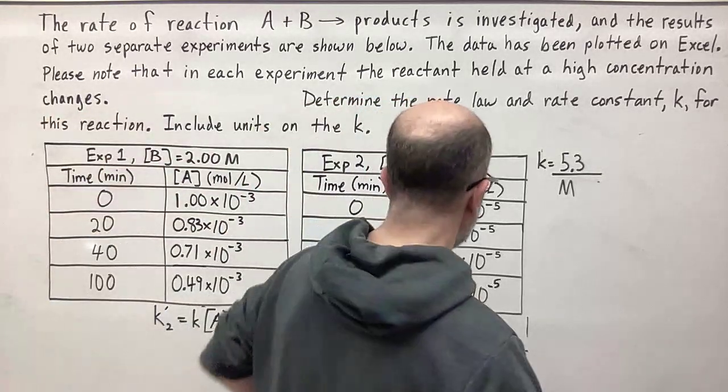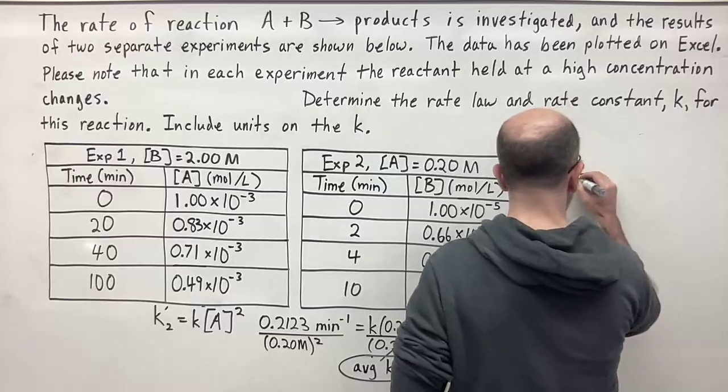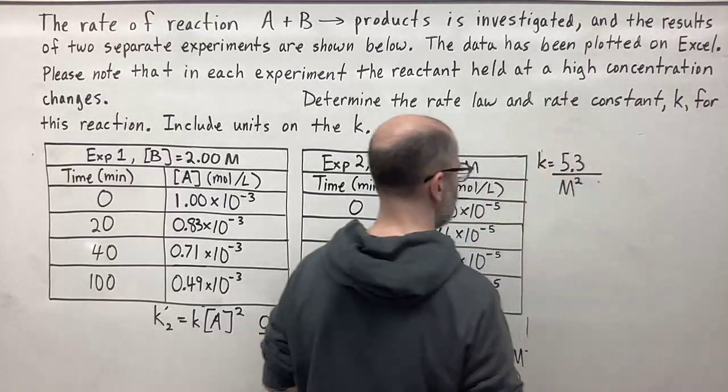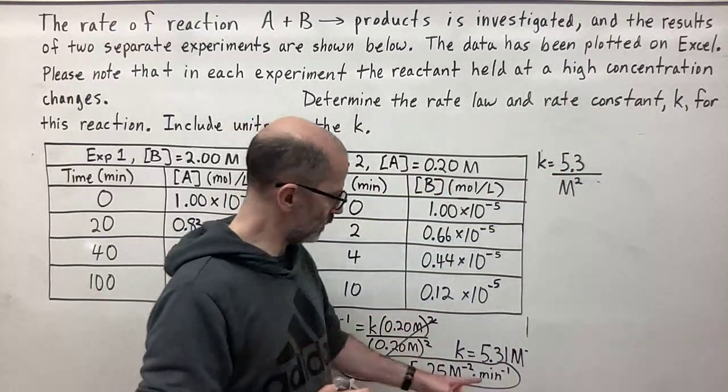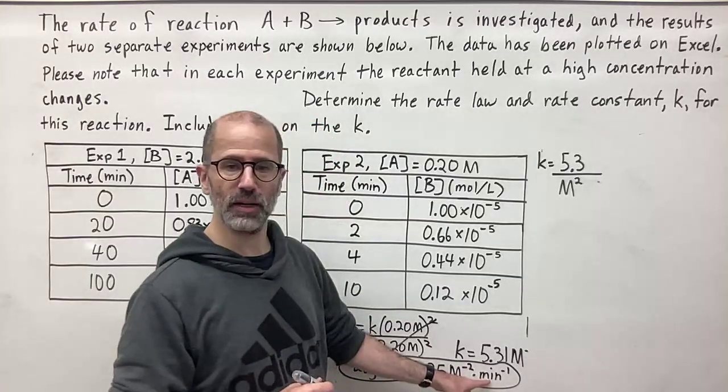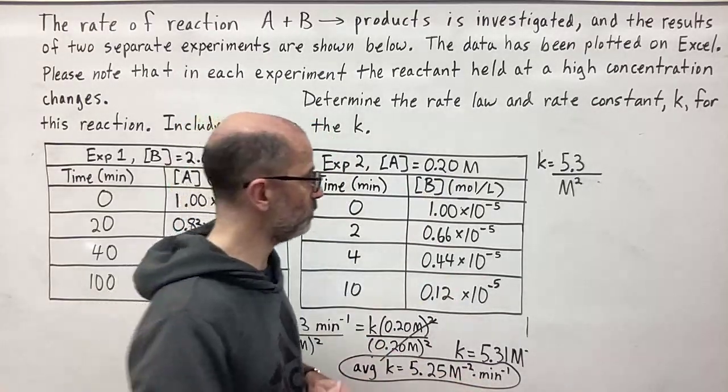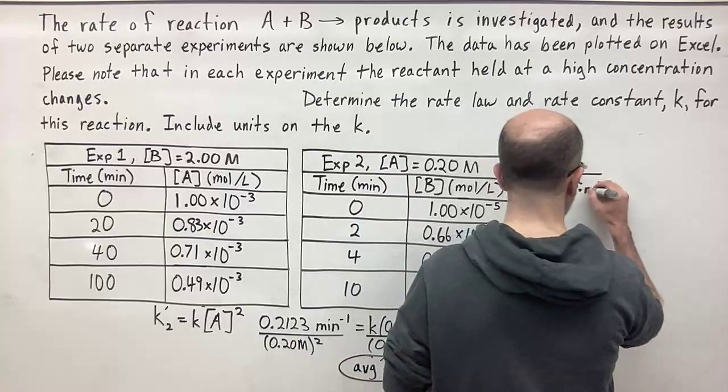Sorry about that. Okay, so we have molar squared. And also minutes, we have minutes to the -1. So that would be on the bottom, so we could put that on the bottom too.